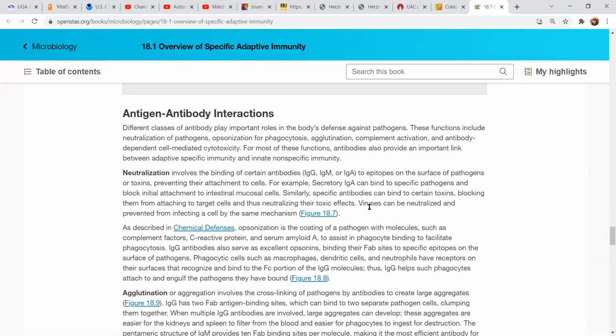Opsonization we talked a little bit about in the last video, but this is basically when we coat a pathogen with some sort of molecule that allows it to be marked for phagocytosis. IgG antibodies serve as these opsonins that allow it to be phagocytized.